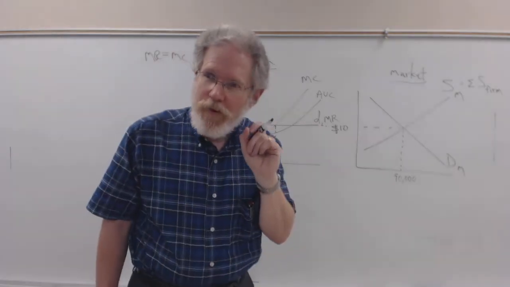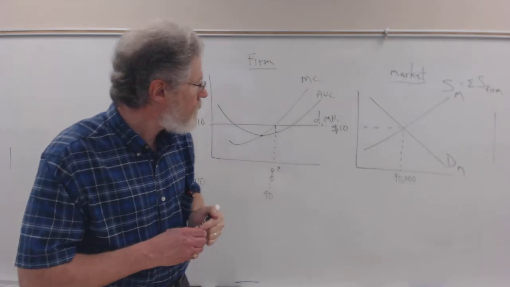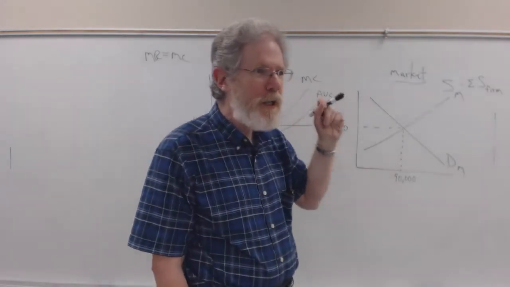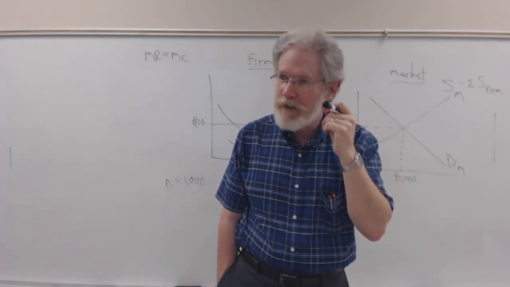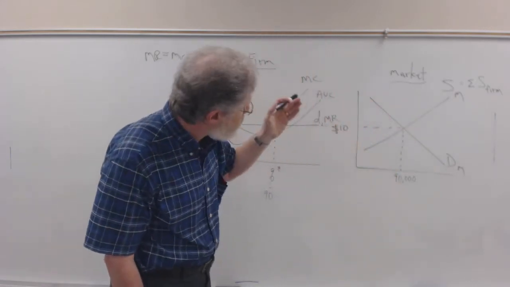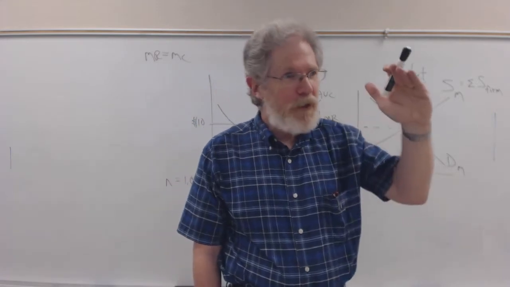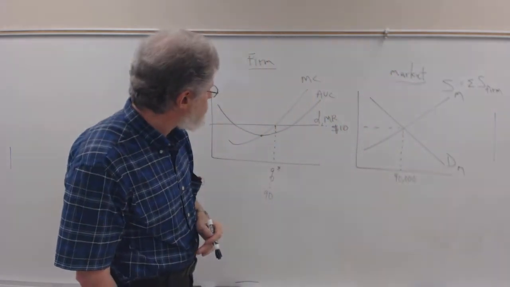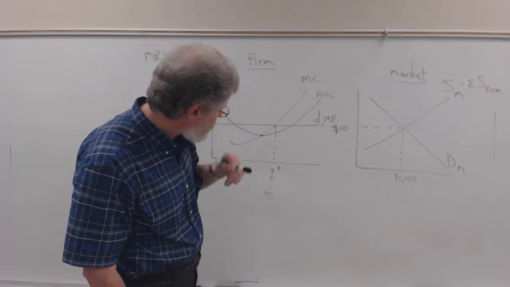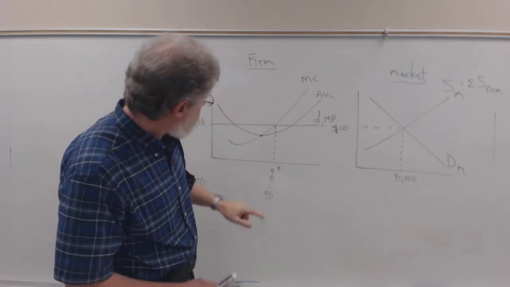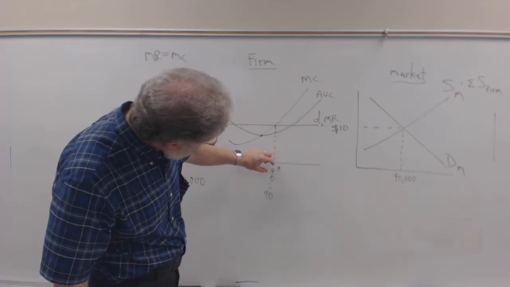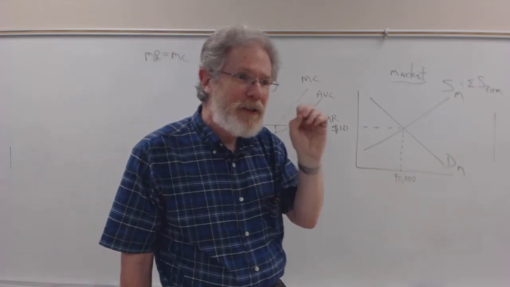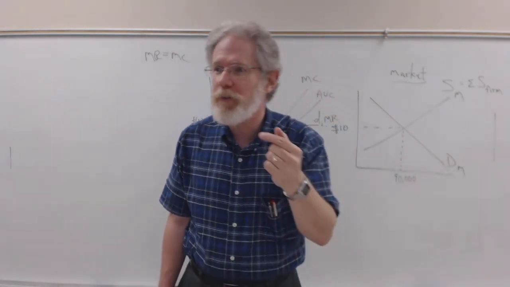Right? Very important conclusions to draw from this model. Think about the incentives that firms have. Each firm has an incentive to keep its cost as low as possible, because if he can lower his cost, that increases his profit. Each firm has an incentive to produce the quantity that will give him maximum profit. We said each firm has an incentive to try to figure out what consumers want.